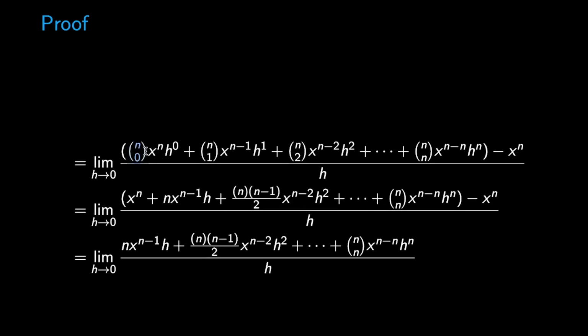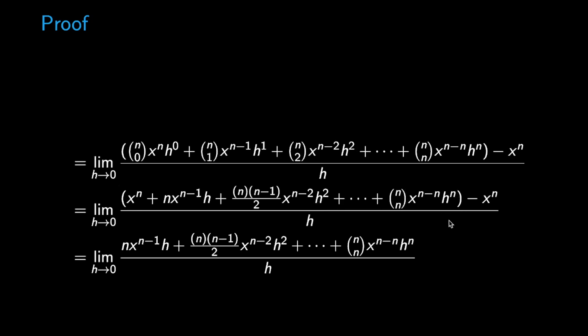Remember, n choose 0 is 1, so we get 1 times x raised to n, and h raised to 0 is just 1, so we're left with x raised to n. n choose 1 is just n, and then copy x raised to n minus 1, and h raised to 1 is just h. And for the third term, we have n choose 2, which is equal to n times n minus 1 over 2 times x raised to n minus 2 times h squared.